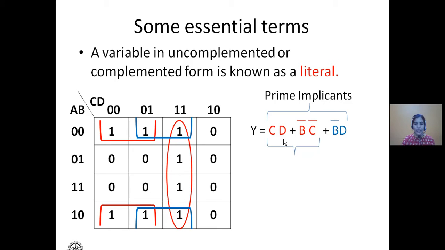The B bar D term is not an essential one, because the ones which were involved in this particular group are already covered in the other two groups. So the CD plus B bar C bar is the term which represents the essential prime implicants. So these two terms, prime implicants and essential prime implicants, are necessary to understand the method further.